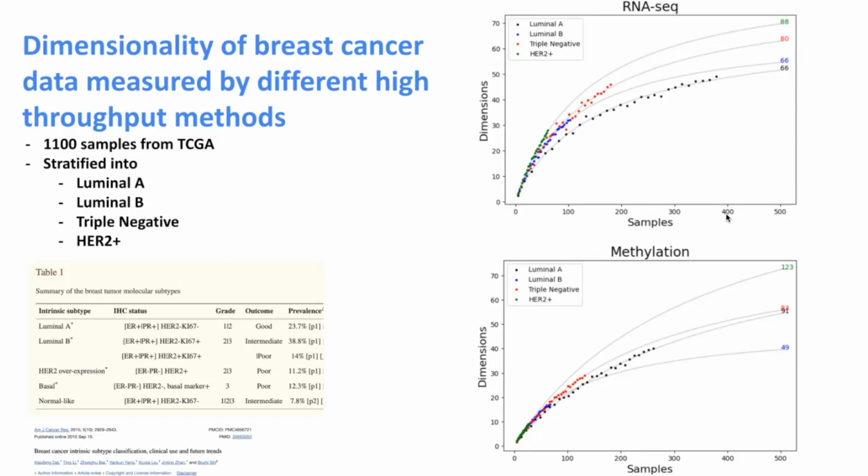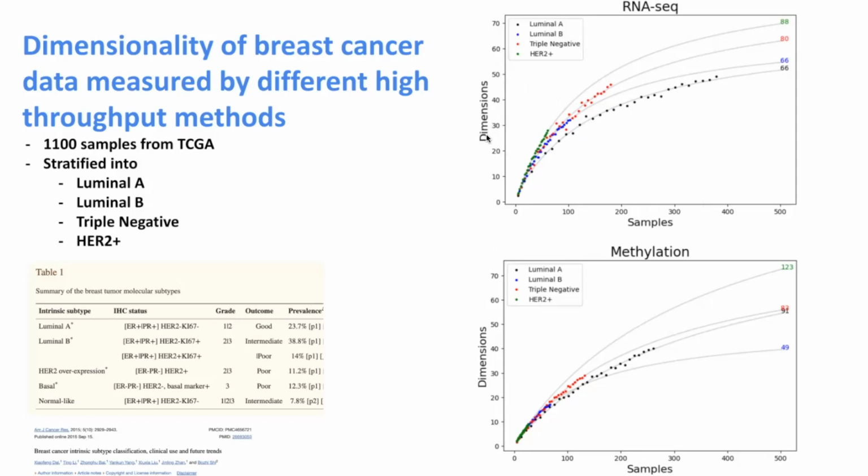And because we only have a finite amount of these samples, a way to predict the total dimensionality of this subtype is to extrapolate it by subsampling those 400 and asking this question over and over again.